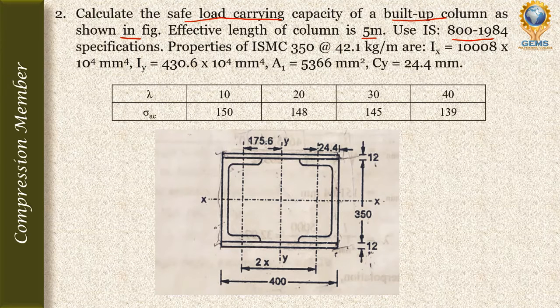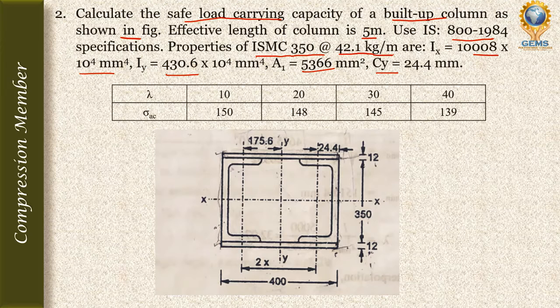The properties of ISMC 350 at 42.1 kg per meter are: Ix is equal to 10,008 into 10 to the power 4 mm power 4, Iy is 430.6 into 10 to the power 4 mm power 4, and the area of the one channel section is 5366 mm square, and Cy distance is 24.4 mm.